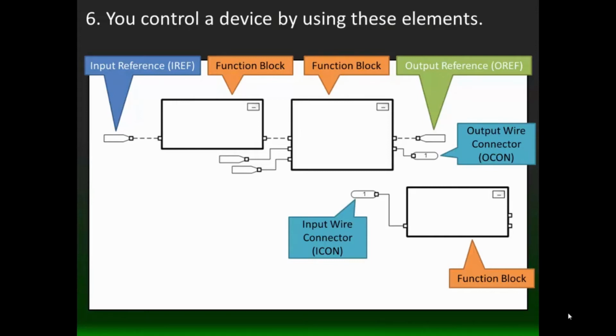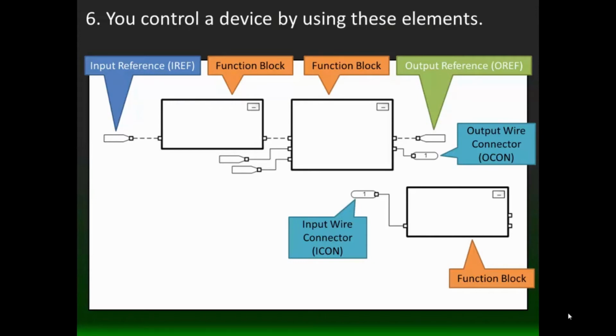Input references and output references come from outside the sheet, and the result, the output reference, goes to someplace outside of the sheet. Now that output reference may be used as an input reference in this sheet or some other sheet, but it comes from the tag database. So input reference and output references come from and to the tag database.